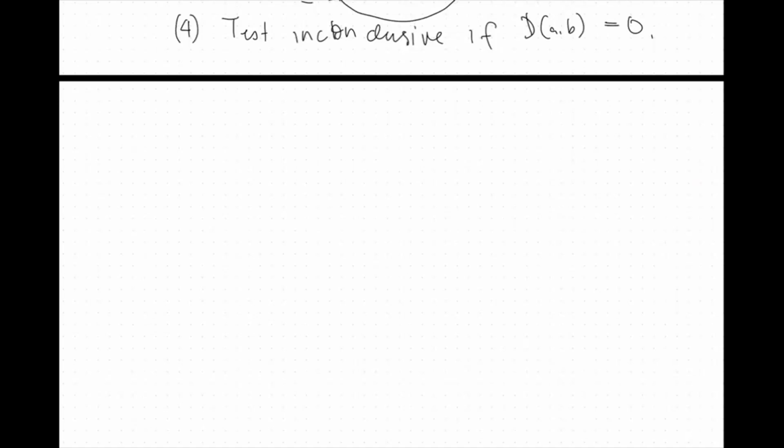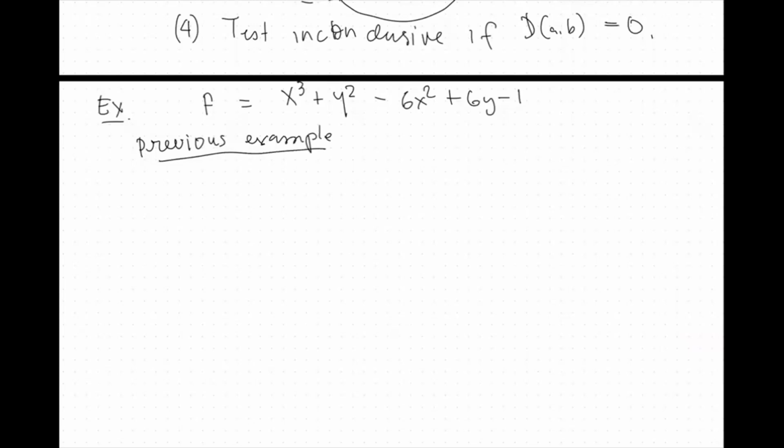So the first example is f of x, y equals x cubed plus y squared minus 6x squared plus 6y minus 1. So this is the previous example. We have the critical points, 0, 0 and 4, -3.